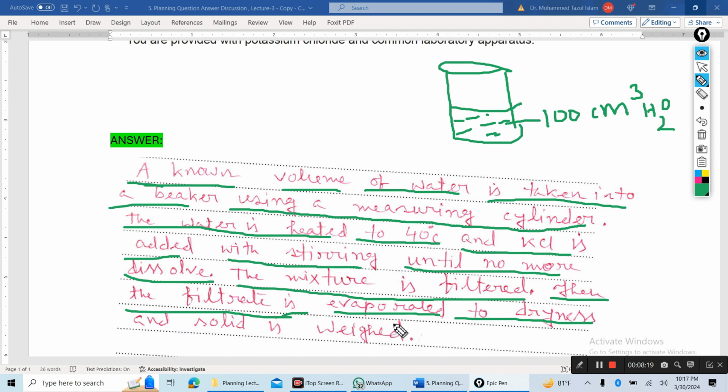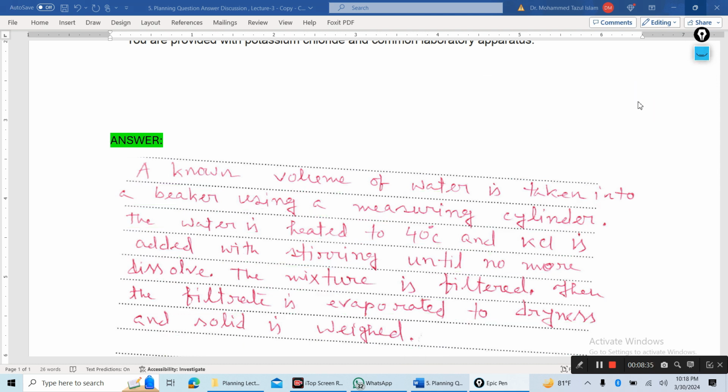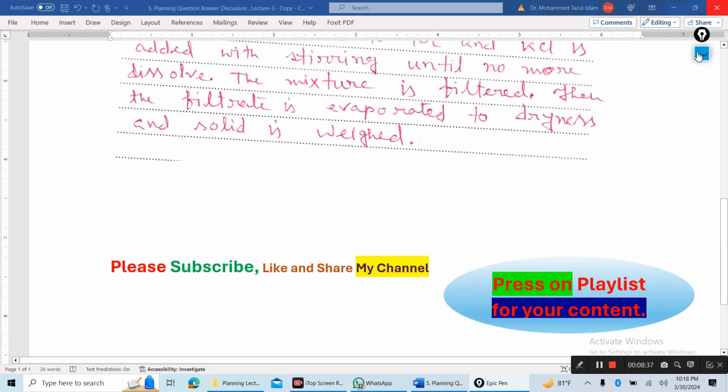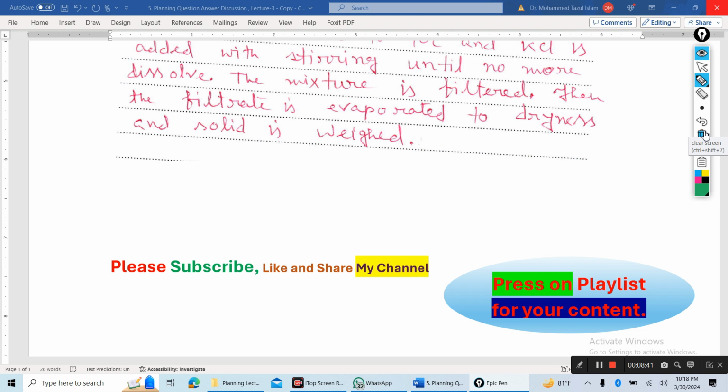The solid is weighed and the mass of solid is taken. This is planning. Thank you, dear students.